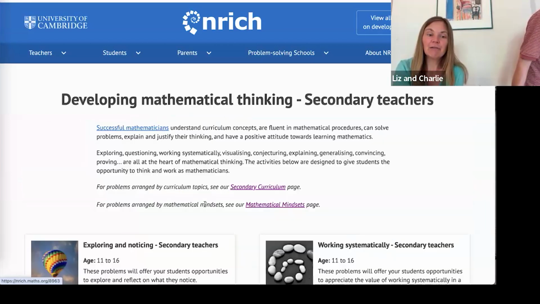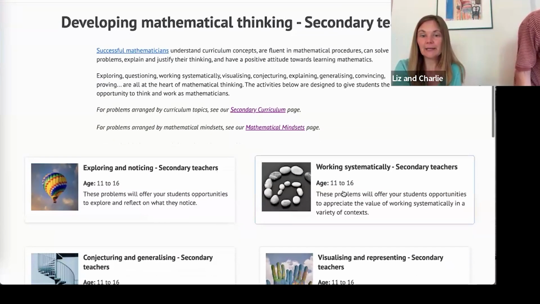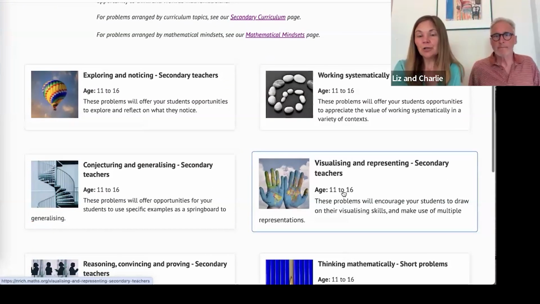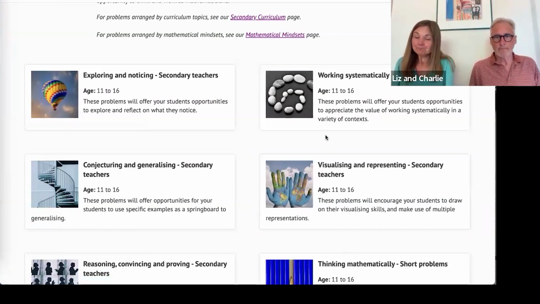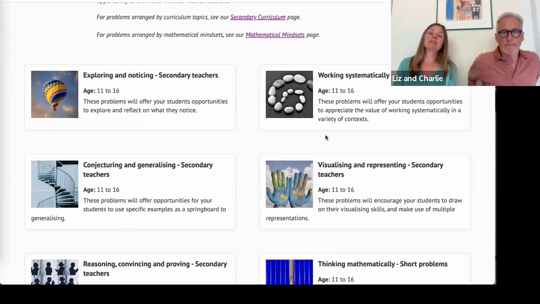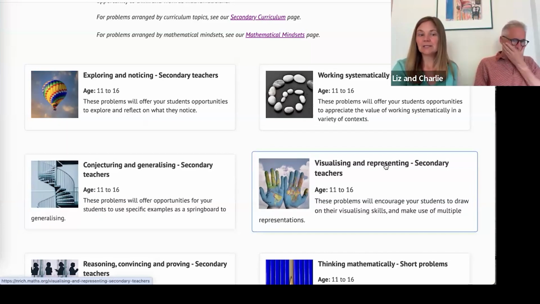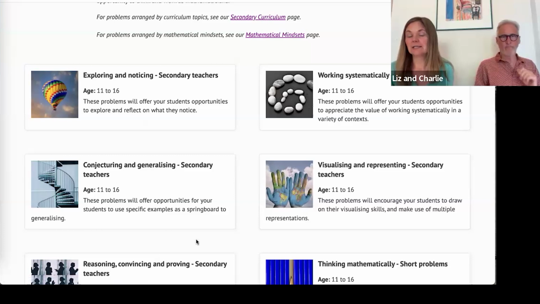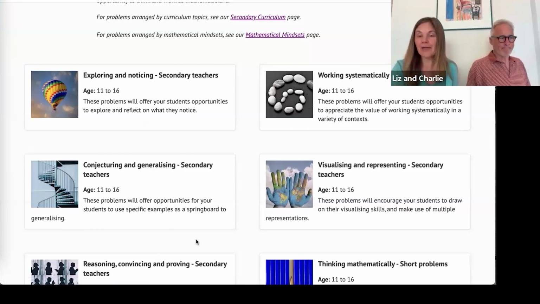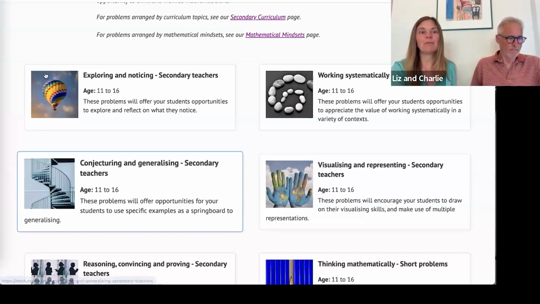So I'm just going to click very briefly on the mathematical thinking page to show you that we've led webinars and we've written guidance on these 5 main elements of mathematical thinking that we've identified: exploring and noticing, working systematically, conjecturing and generalizing, visualizing and representing, reasoning, convincing and proving. Clicking on any of those pages will take you to our written guidance and a recording of the webinar.